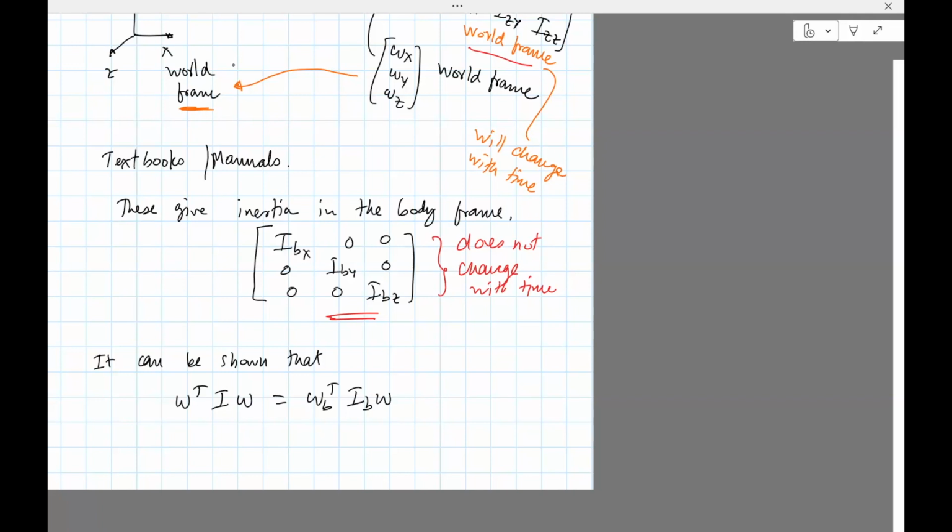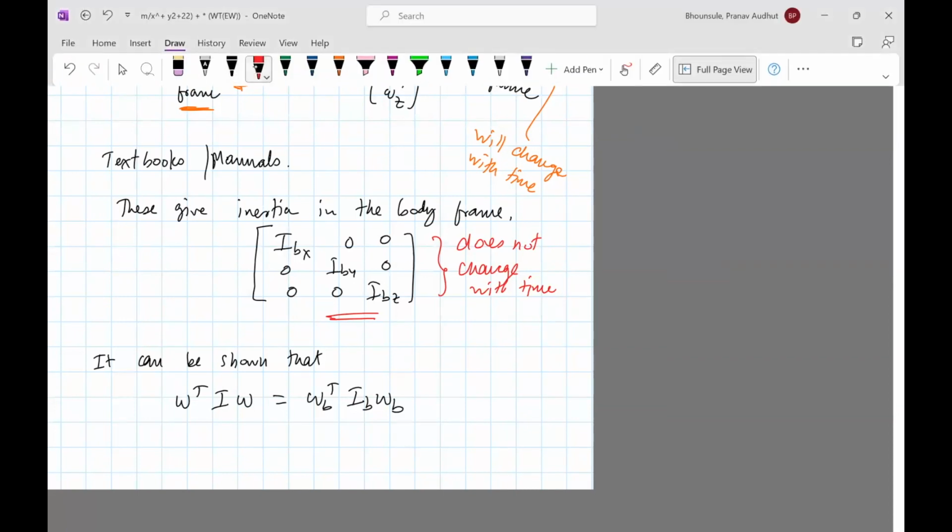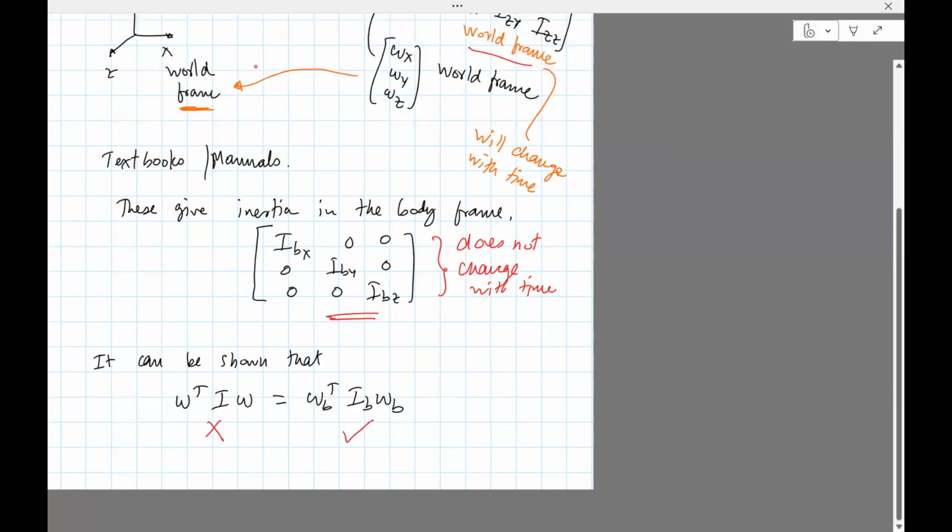It doesn't really matter which frame you use. So we should use this one and not this one, because this is complex while this is simple. So we'll actually use omega b here and not omega in the world frame.